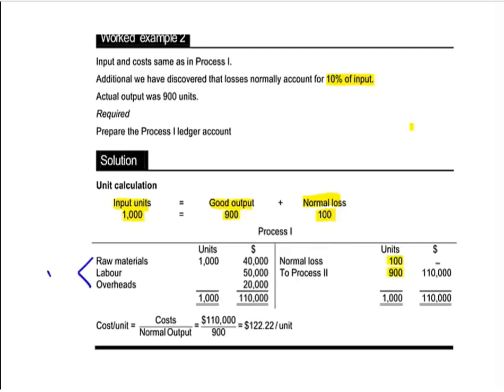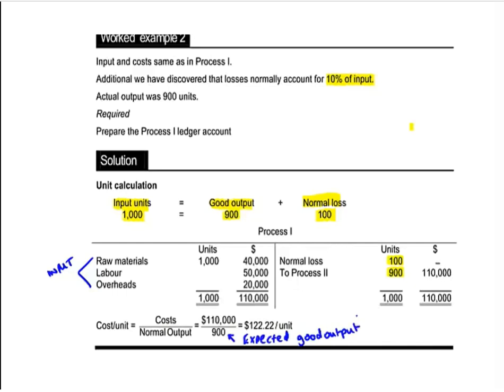We have all of the same input costs, so the 110,000, but now we can see that our cost per unit formula is going to be 110,000 divided by 900 units. So the expected good output. Because the assumption is here that the losses are worthless.